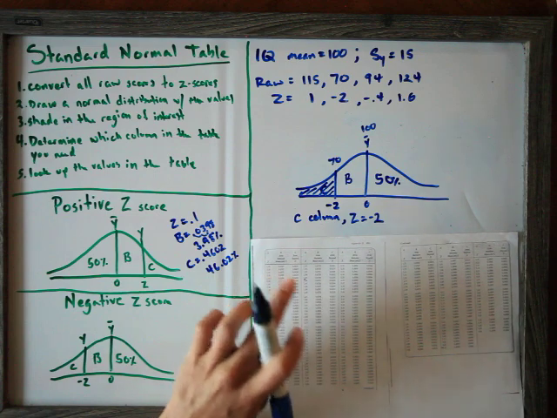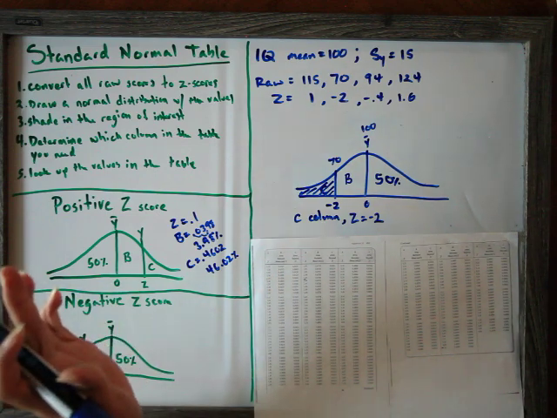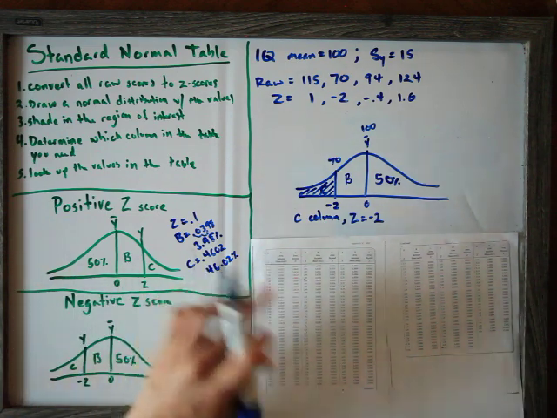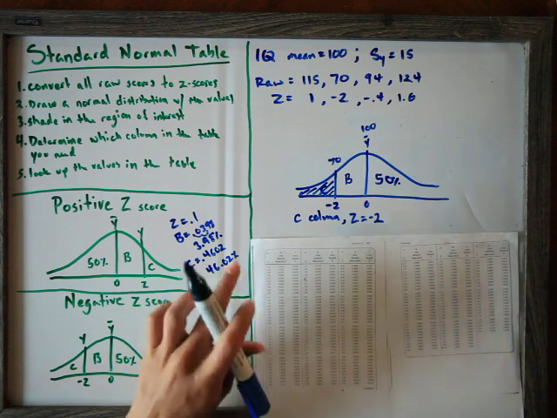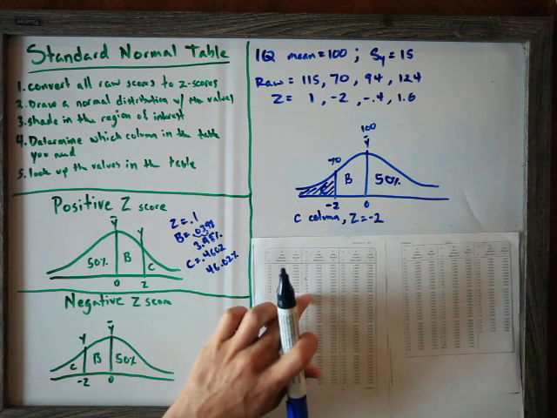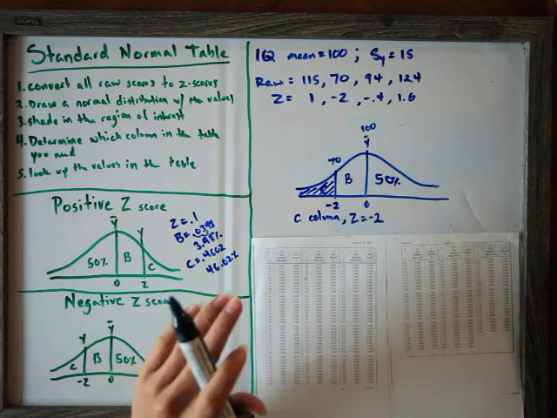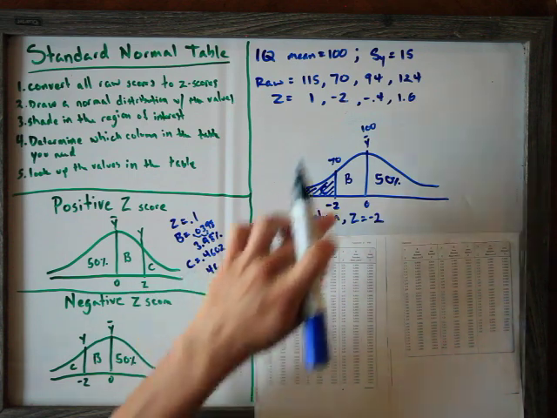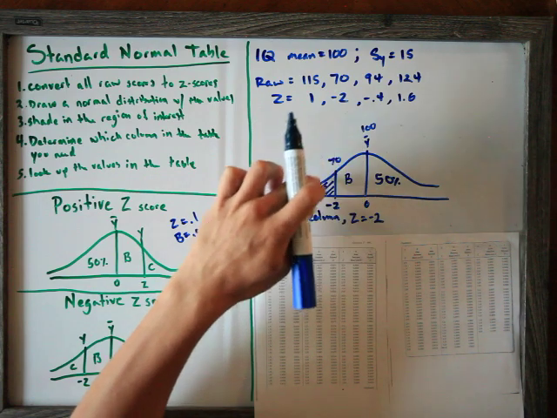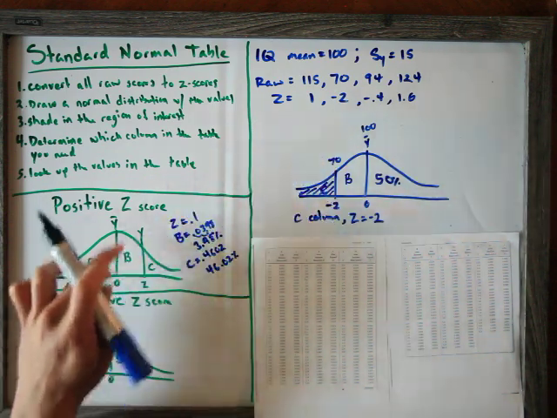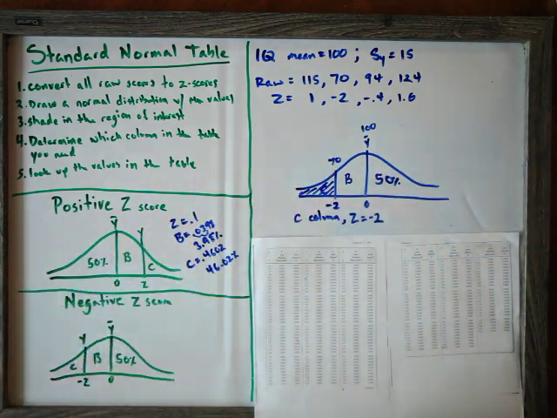In the standard normal table, there are no negative values. You just look for the z-score that is the same number but positive. The only difference is B is going to be this region and C is going to be this region instead of this region and this region. So you use the same values.